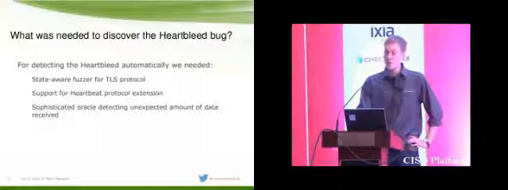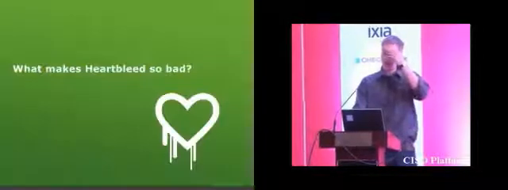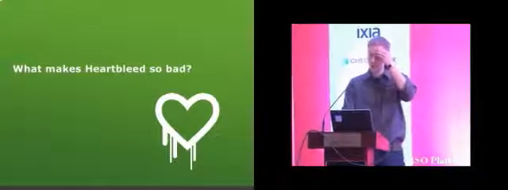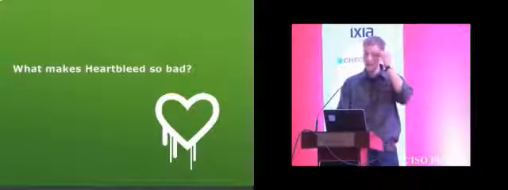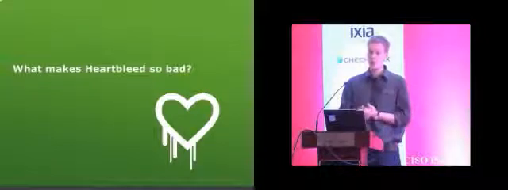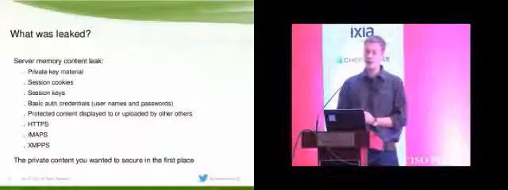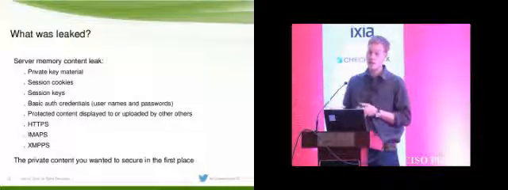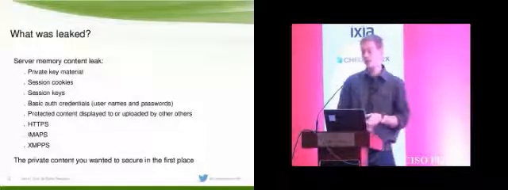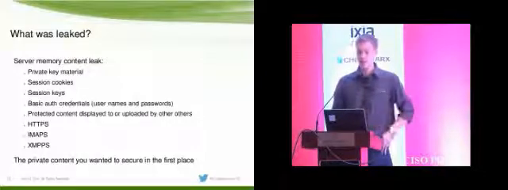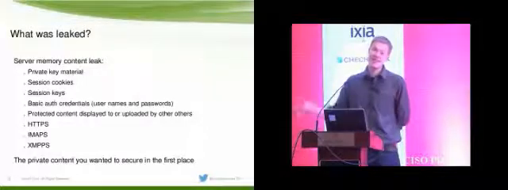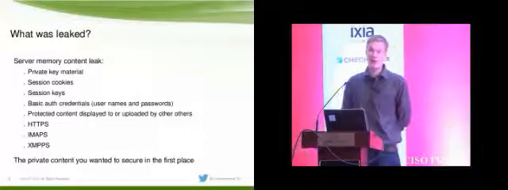So what is it that makes Heartbleed so bad? I show this first. What was in that memory content that was leaked? There were private keys, session keys, basic auth credentials, and any kind of credentials, emails, instant messages, credit card numbers.